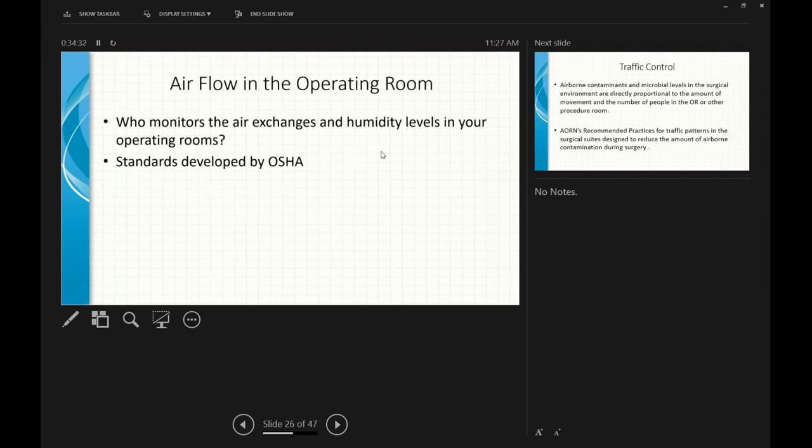Then you have your airflow in the operating room. Who monitors those air exchanges and humidity levels in your operating room? The standards were developed by OSHA, and I was working in a facility, a small 25-bed critical access hospital in a very rural area, where an engineer came and was checking the humidity, and he said, "You can't operate today.